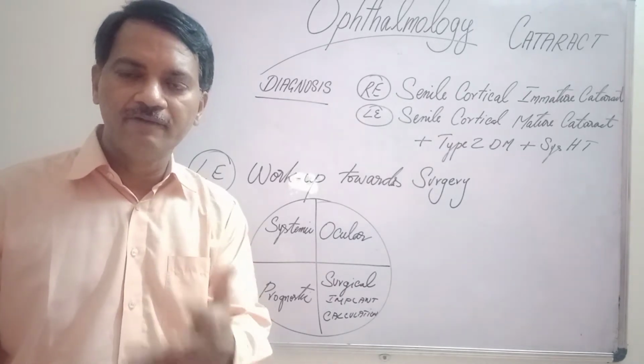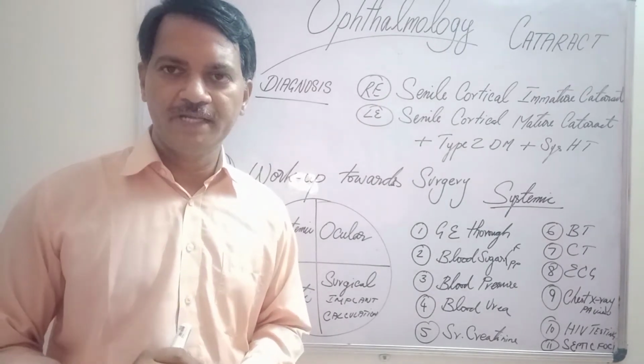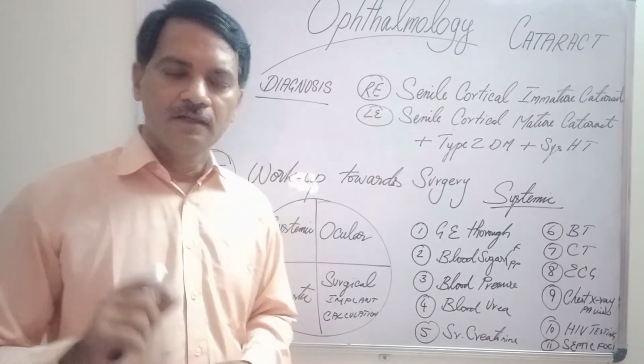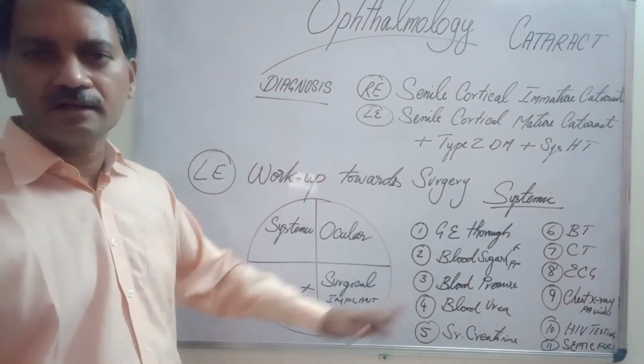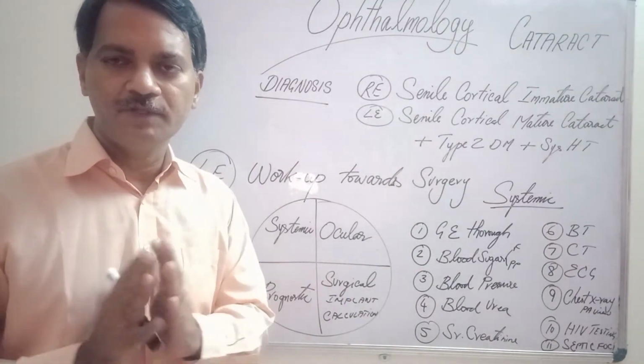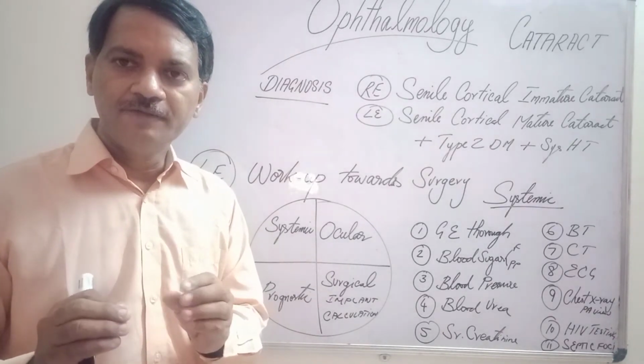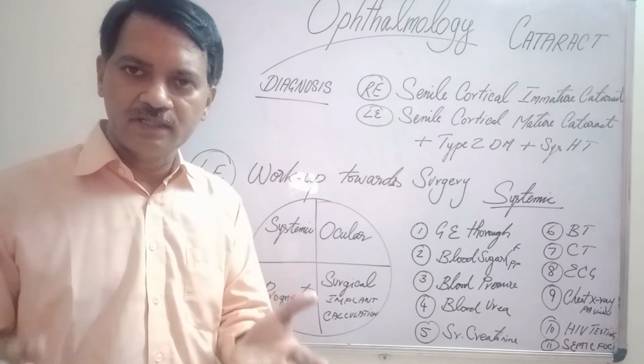As far as the systemic workup for the patient is concerned, the following things have to be done. One is, do a thorough general examination of the patient. Try to find out if there is any other pathology in their body.